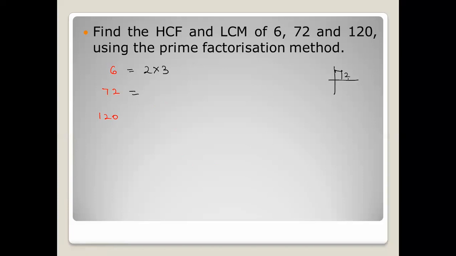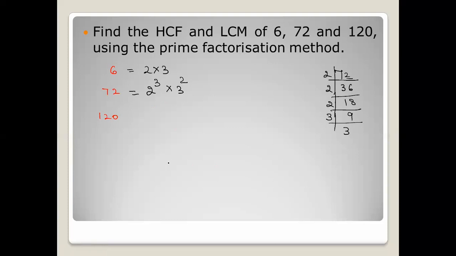See, again one's place is even, so divisible by 2. So it is 36. Then again by 2, that is 18. Then again by 2, 9. Now 9, we know that the multiples of 9 are 3 and 3. So here 2 raised to power 3 and 3 raised to power 2.